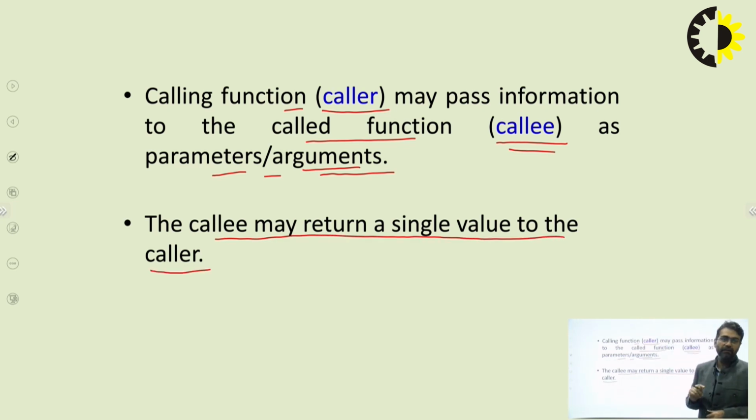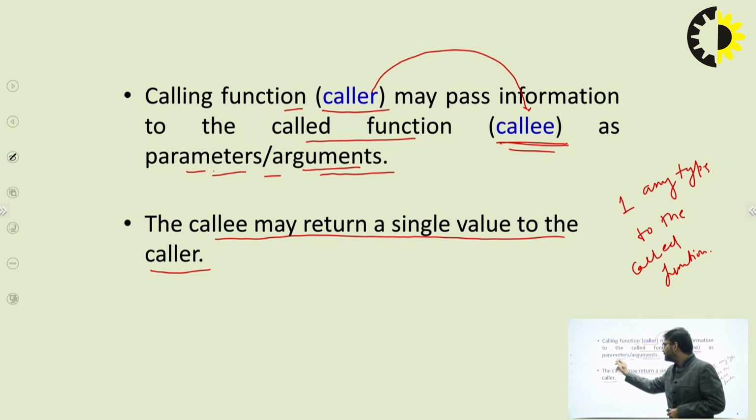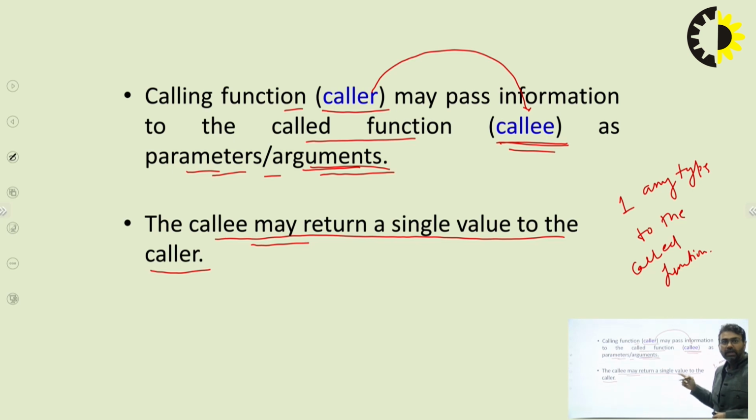It means a called function can return only one value of any type to the calling function. So first we have a calling function which calls another function, and the called function is the callee. We can pass information from the calling function to the callee function by means of parameters and arguments, and a function can return only one value to the calling function.